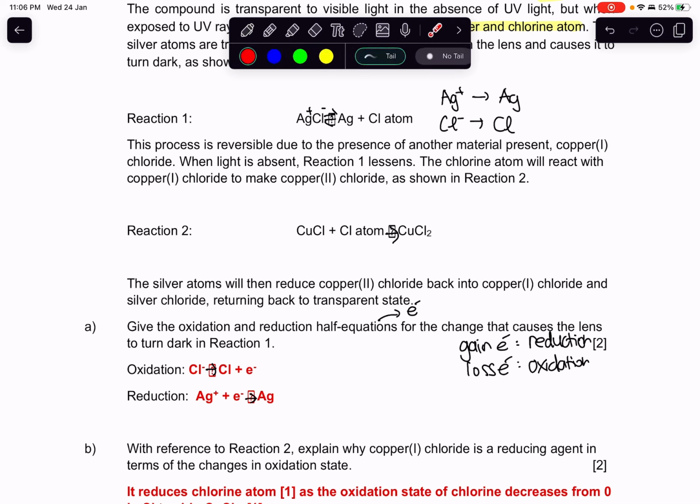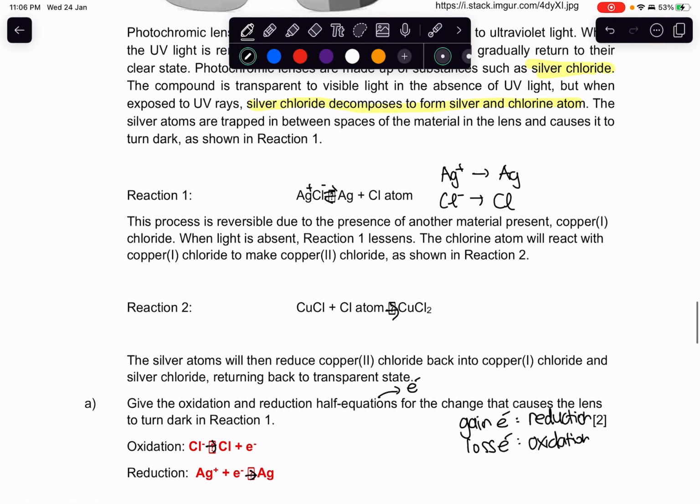So now you need to figure out which one is the oxidation, which one is the reduction. One easy way is to look at OS. So what is the OS of Ag plus? It is plus 1 to 0 in Ag, minus 1 in Cl, to 0 in Cl. So this one is obviously a reduction because of the decrease in OS.